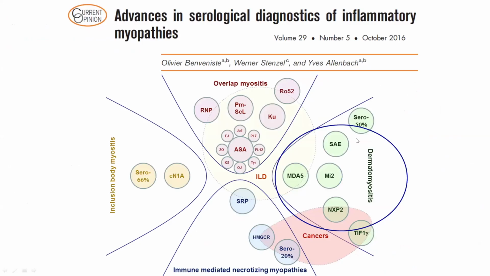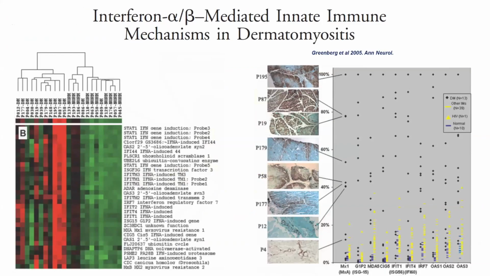So I move now to the dermatomyositis subgroup with all these autoantibodies. Steve Greenberg was the first to show, by an RNA-seq strategy comparing dermatomyositis muscles to healthy donor muscles, that you can observe mRNA activations of a cascade of mRNAs and proteins linked to the system defense against viruses, which is the interferon type 1 pathway.